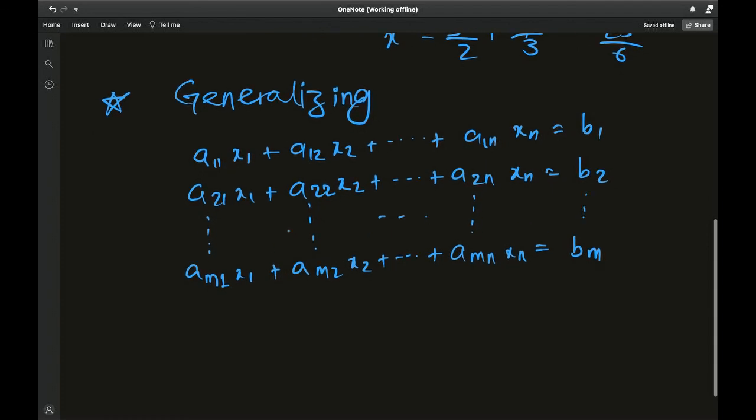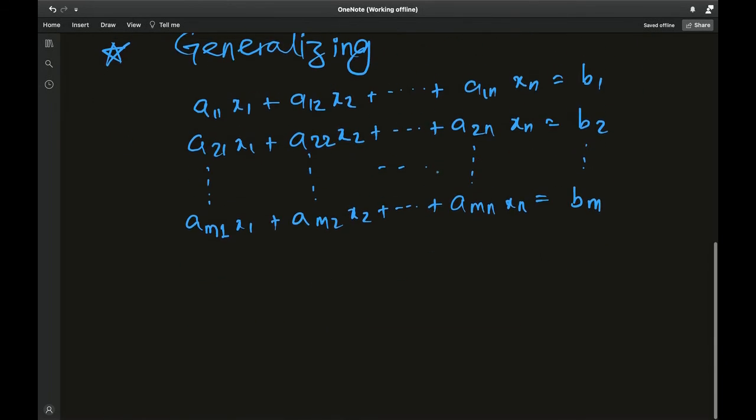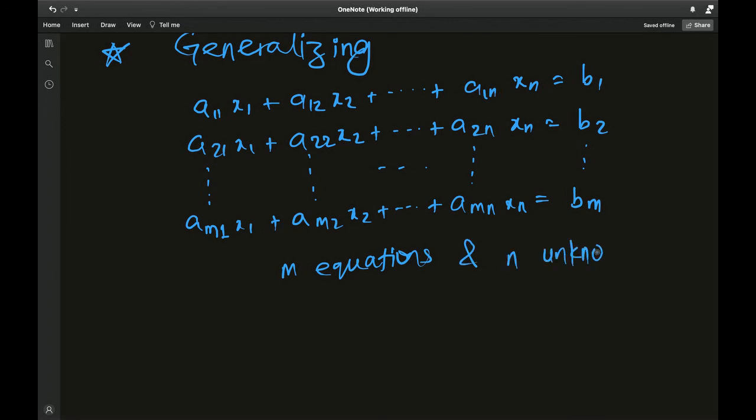Okay, we want to generalize this process of elimination for a system that looks like this, which has basically m equations and n unknowns. So these x with the different subscripts are the unknowns or the variables. And m and n may not always be equal, and we'll look at those examples too going forward.